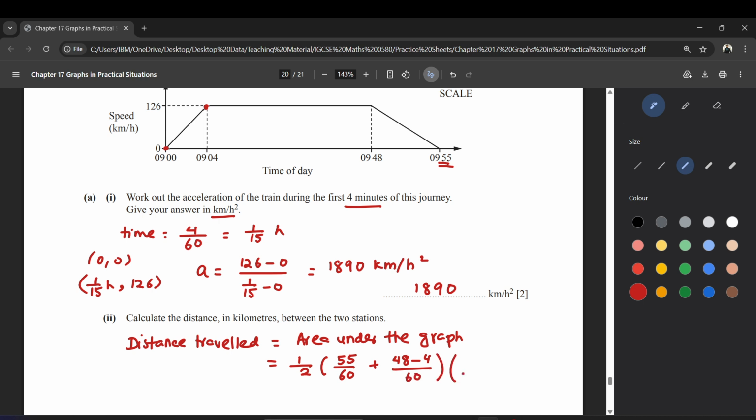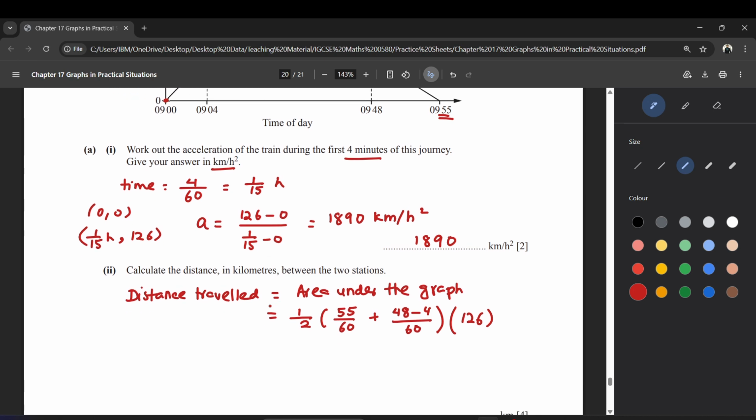Then we multiply by the height of the trapezium, which is 126 kilometers per hour. So this would be 1 upon 2 times 11 upon 12 plus 44 divided by 60, which will be 11 upon 15, and we have 126.